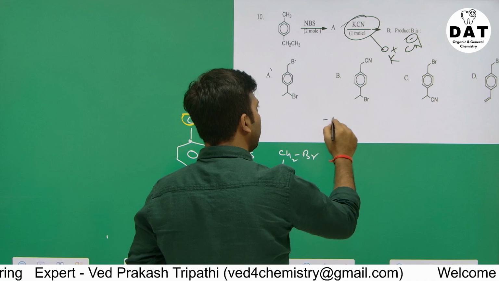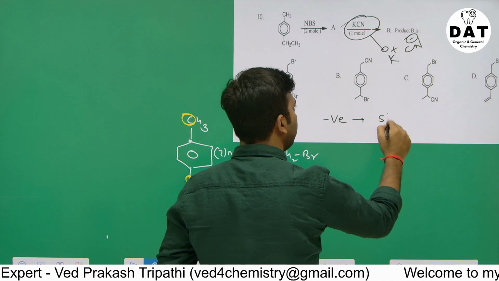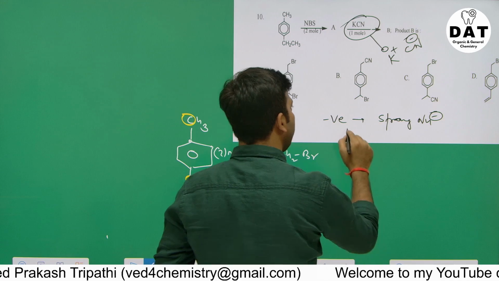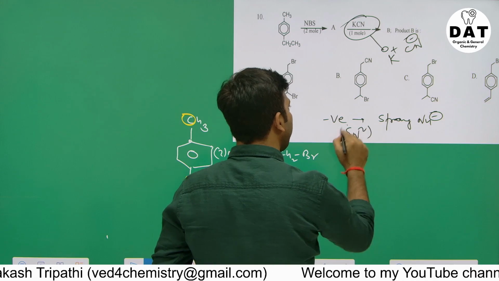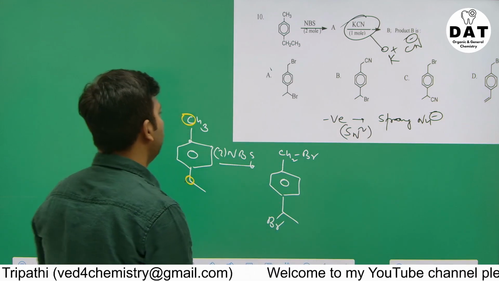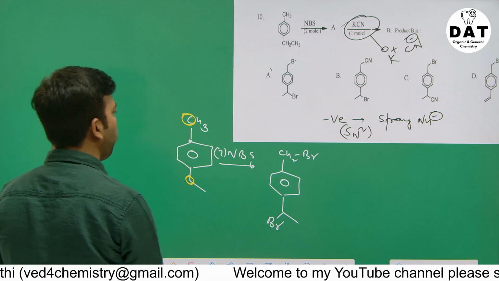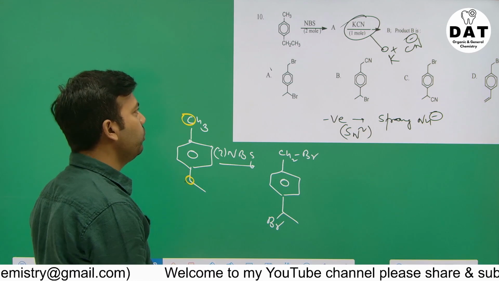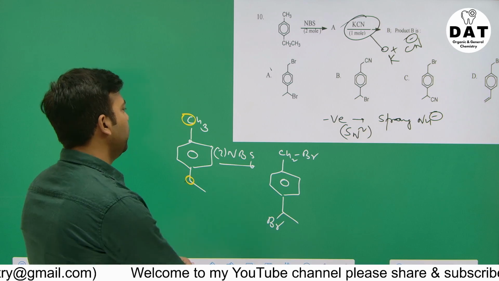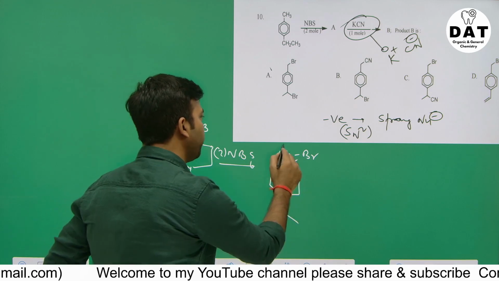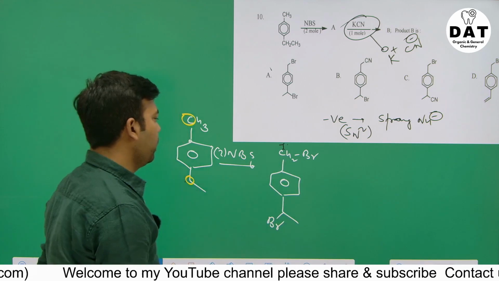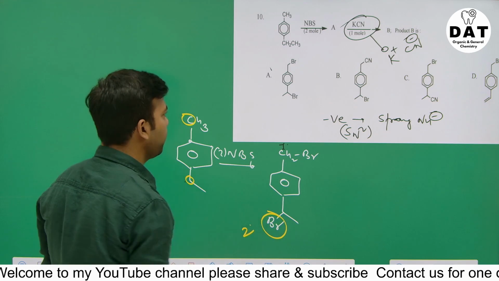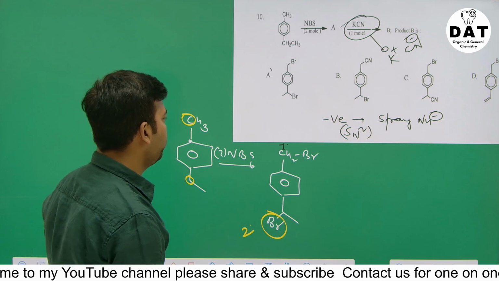Negative charges are strong nucleophiles, and once the reaction is carried out with a strong nucleophile, it should be SN2. SN2 means primary alkyl halide. You have to remove the primary alkyl halide, and I think this CH2Br is the primary one and this is the secondary one. So I think it should be CH2CN.